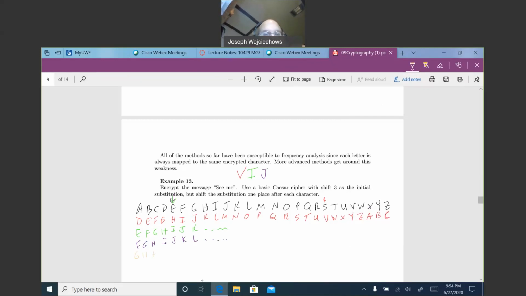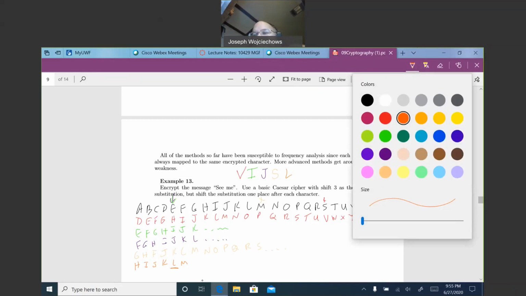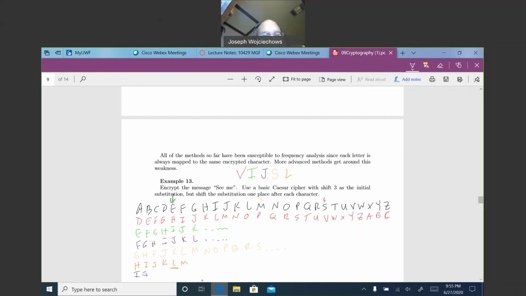G, H, I, J, K. And that brings us to M here, which is S. Shift again, and we start with H. And there's E there. So L. And one more time. I. And there it is, and we get M. So that's our message. Now that's a really tedious one.